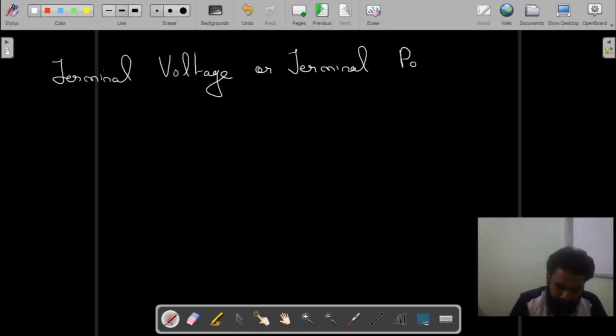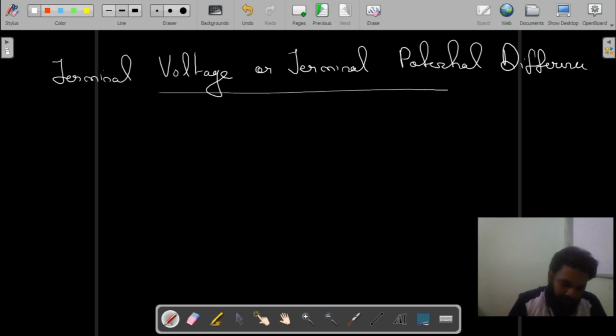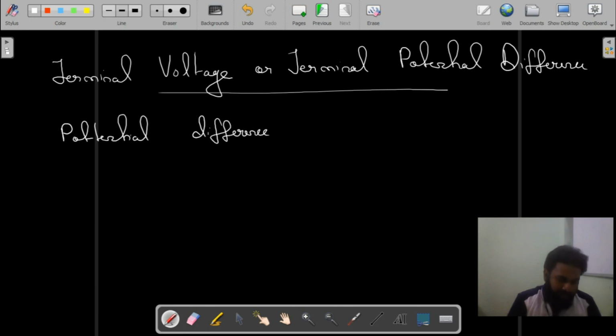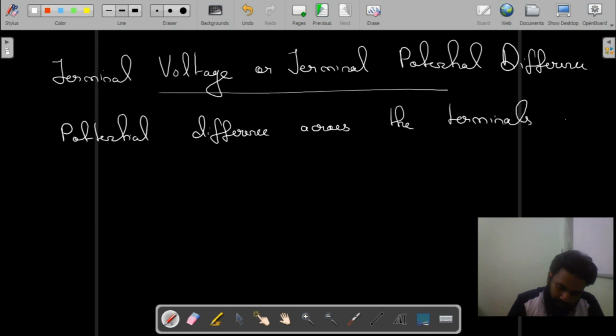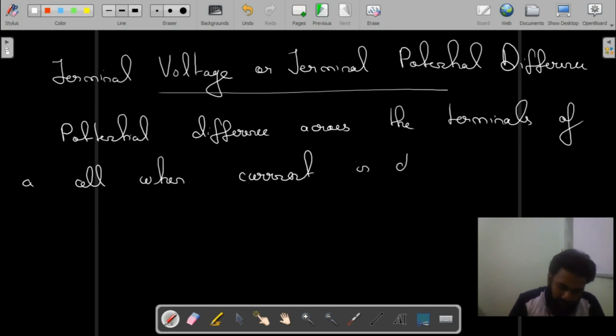Terminal voltage or terminal potential difference is the potential difference across the terminals of a cell when current is drawn from the cell.